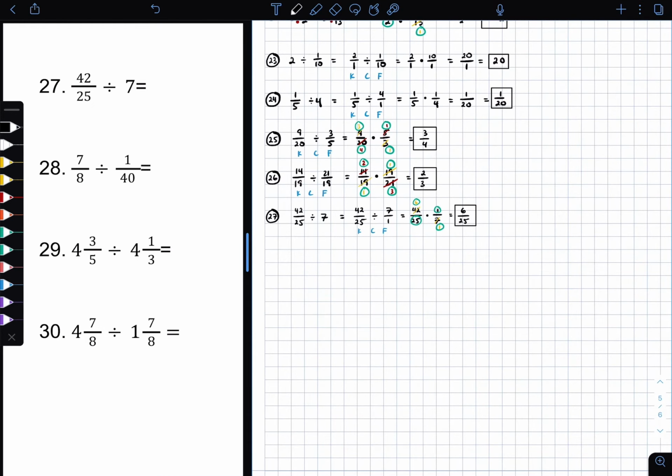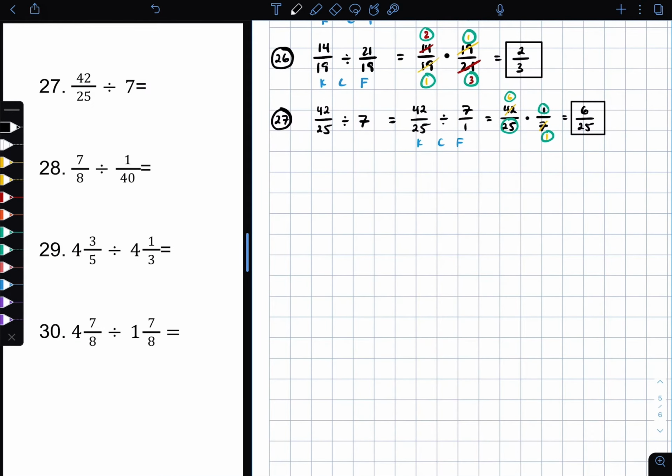Okay, that's 27. Let's check out 28 here. 28, we have 7/8 divided by 1/40. And I think since we have a top and a bottom, we can go straight into keep, change, flip. So we have 7 over 8, keep, change, and then flip. It becomes 40 over 1.